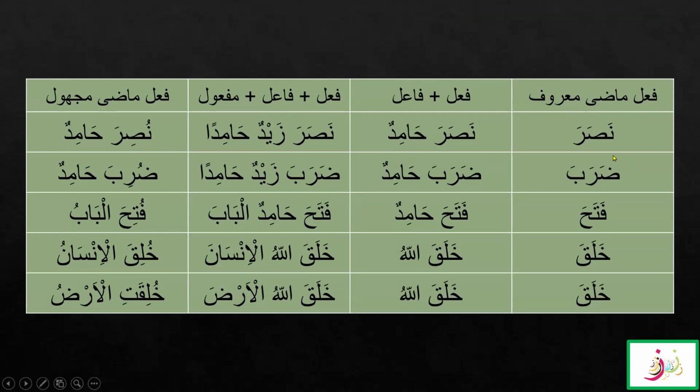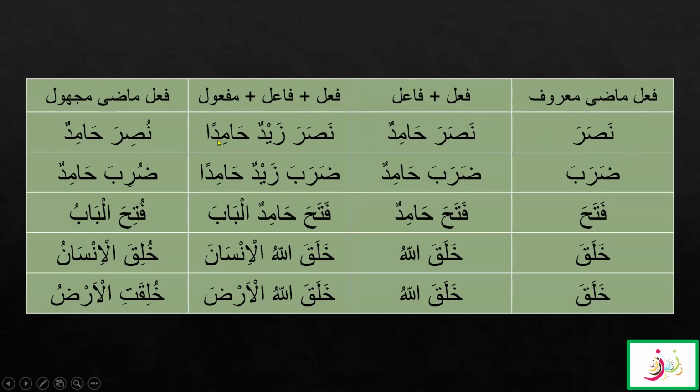For فعل ماضي معروف, we did the example that it all has the fatha in its huwa version. Then we added the fa'il, then we added the maf'ul. This is the complete jumla ismiya with fa'il and maf'ul. And we can notice the i'rab: how فعل ماضي is all fathas in family one, and the fa'il is with damma, and the maf'ul is with fatha.